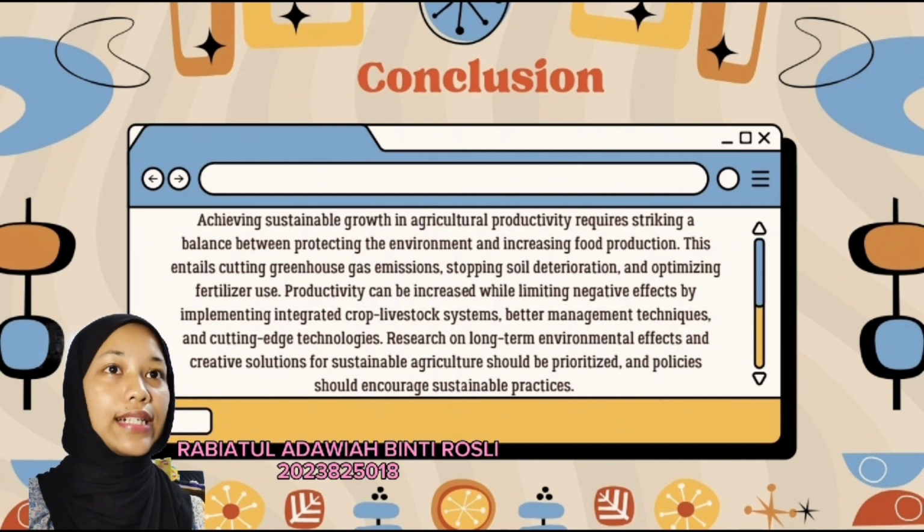Productivity can be increased while limiting negative effects by implementing integrated crop livestock systems, better management techniques, and cutting-edge technologies. Research on long-term environmental effects and creative solutions for sustainable agriculture should be prioritized, and policies should encourage sustainable practices.